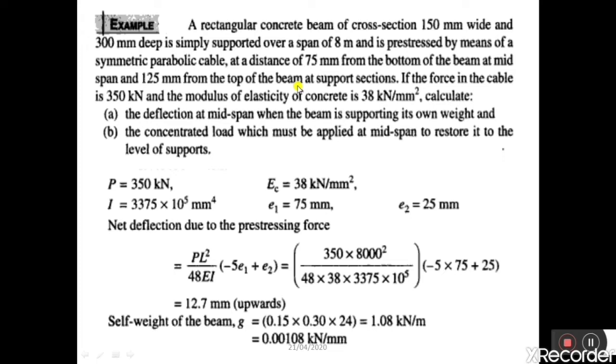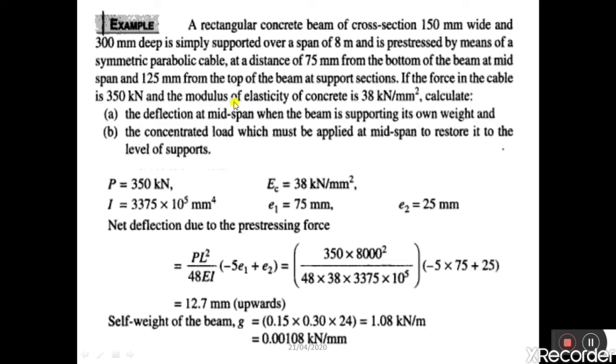So out of that 150 mm, the cable is at a distance of 125 mm from the top. Therefore, E2 is equal to 25 mm. So E2 is the eccentricity of the cable at the supports. It is 25 mm above the centroidal axis, and E1 is 75 mm below the centroidal axis.